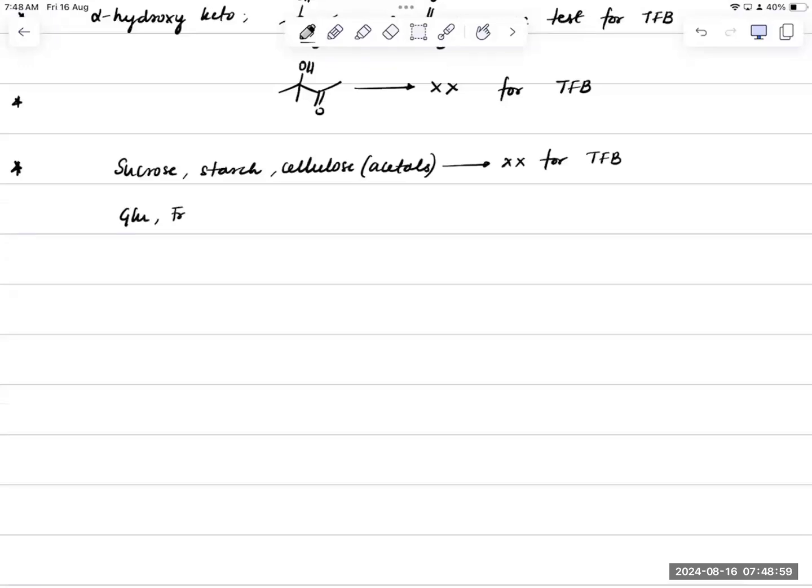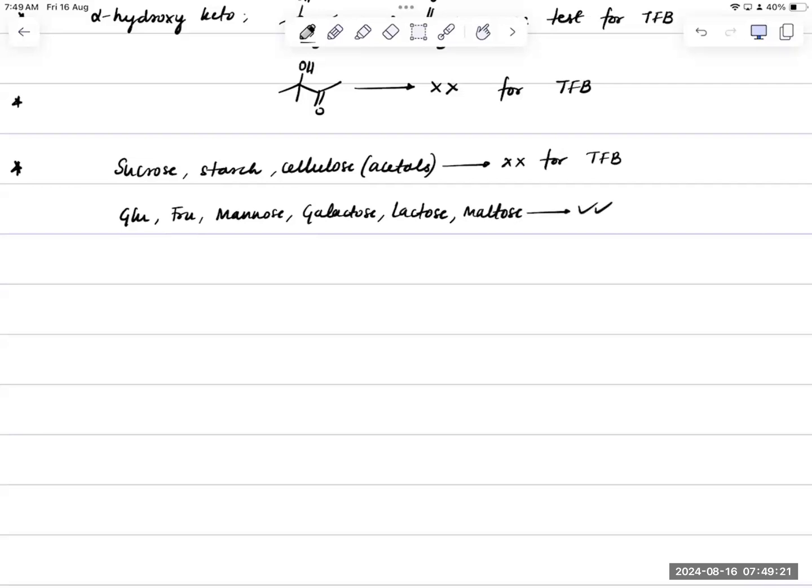Glucose, fructose, mannose, galactose, lactose, and maltose. These are the known ones.